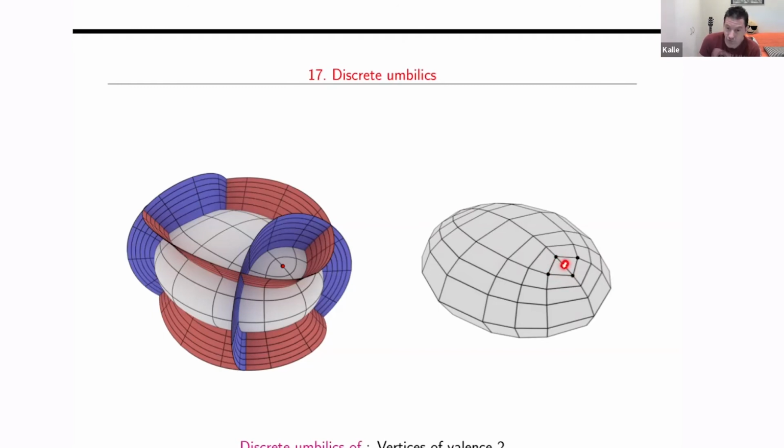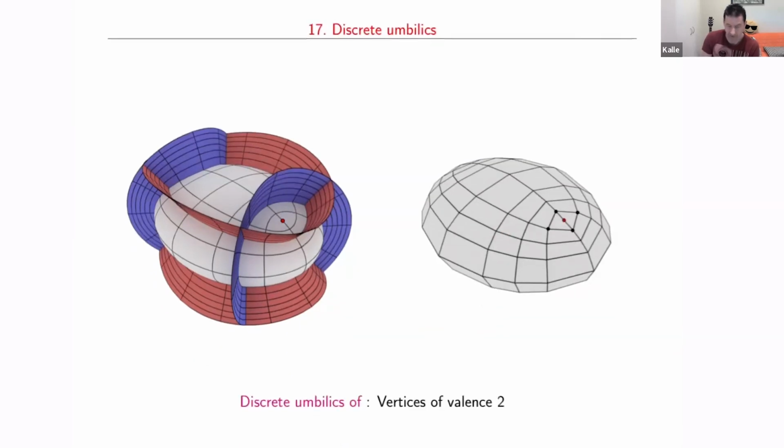So there's only 2 edges connected to this vertex, whereas generically there are 4 edges. So a natural definition of discrete umbilics is vertices of valence 2. And you have 4 of those, 1, 2, 3, 4. So in some sense, we have discretized umbilics here.